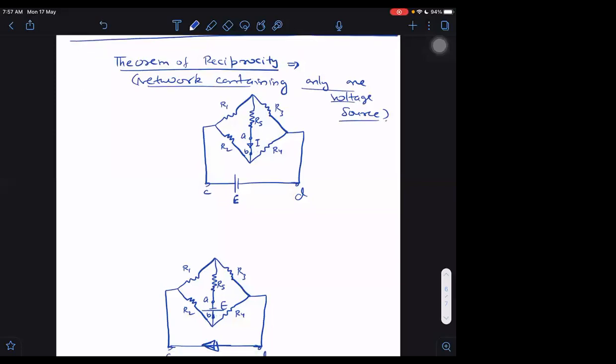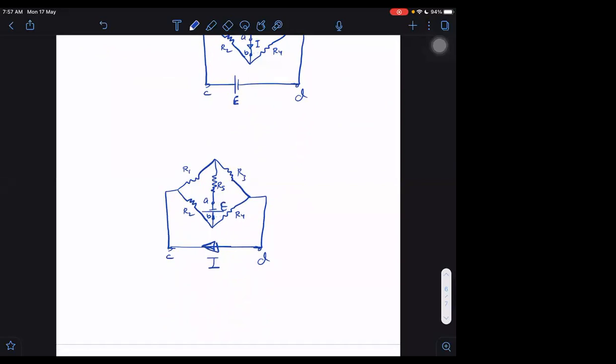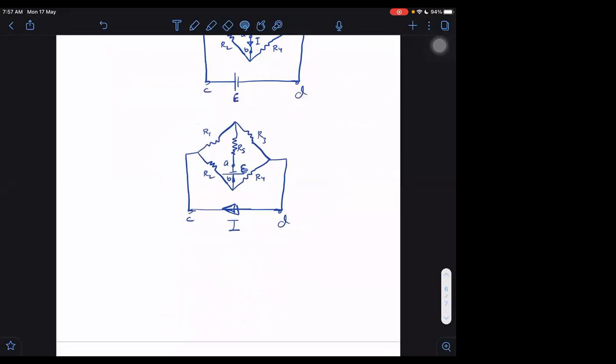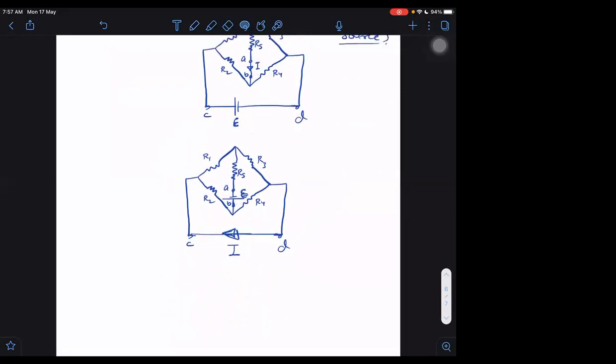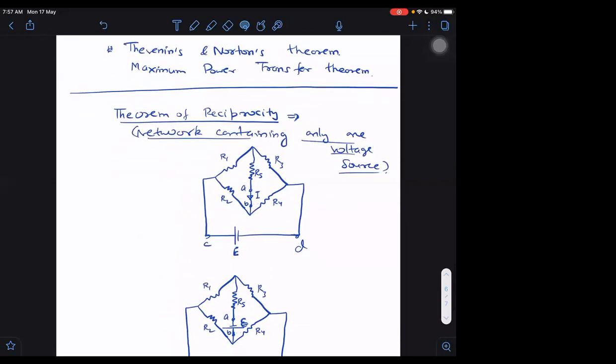Why does it happen like this? I will tell its proof maybe, but first let me finish a few problems. I can take the proof later on. I am not giving the proof. Thevenin's theorem also I only stated, and I have not given the proof, because proofs are not even required for your level.